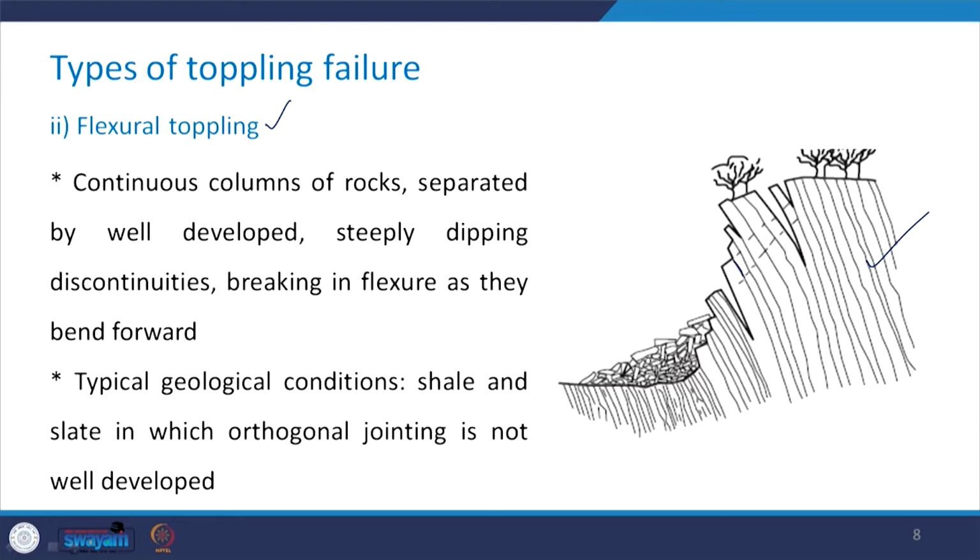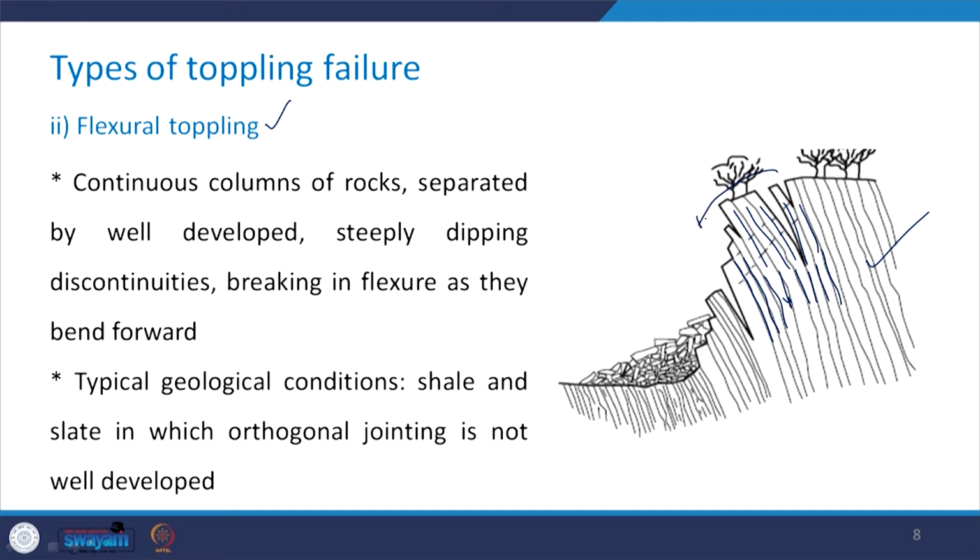You have steeply dipping joints in this particular fashion, and these are the continuous columns, and rather than sliding and then toppling, they fail in flexion.